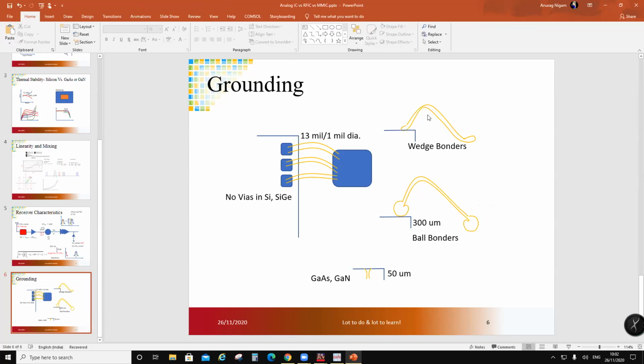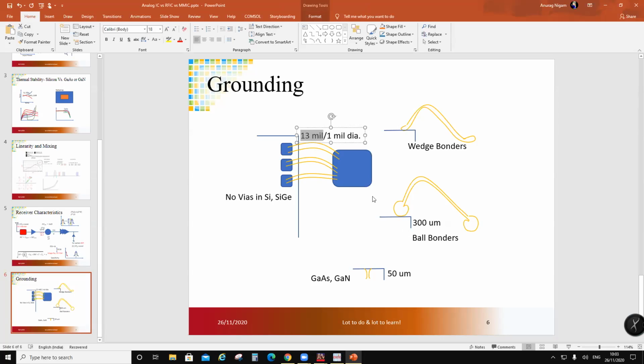Wedge bonds are available for prototyping, but not for production. In production you only have ball bond, and the minimum length for a ball bond wire is 13 mil.